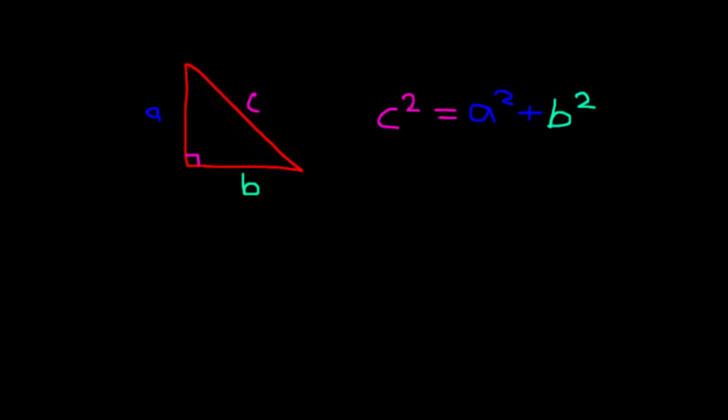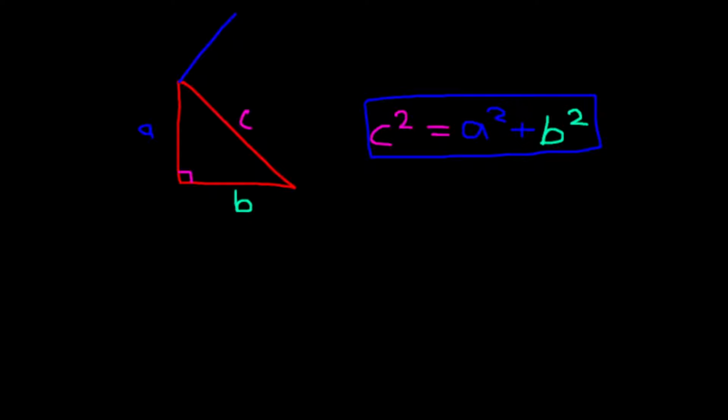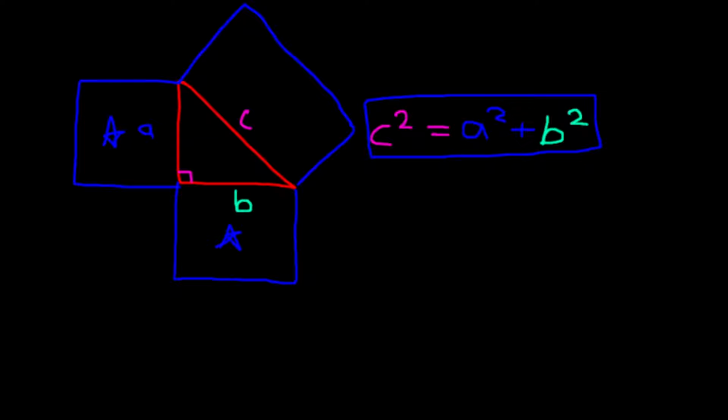Basically, this equation is saying that if you square this side of the triangle, in a way that the dimensions from here are the same as here, here, and here, and if you square this side, that looks like a decent square. And if you square this side, the areas of these two squares should equal the area of this square.